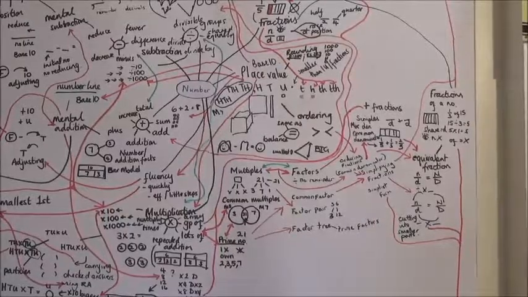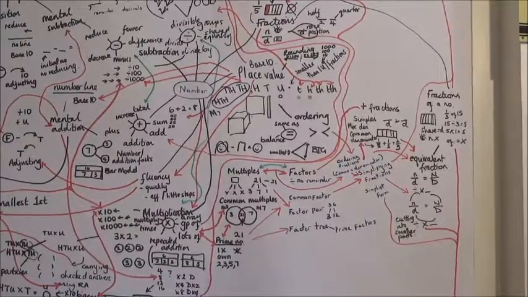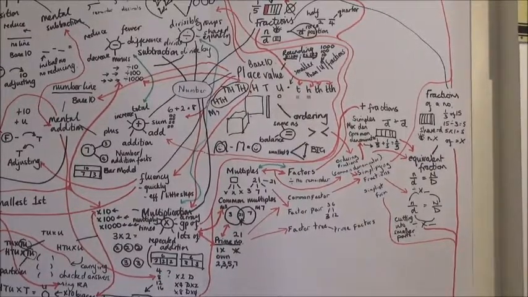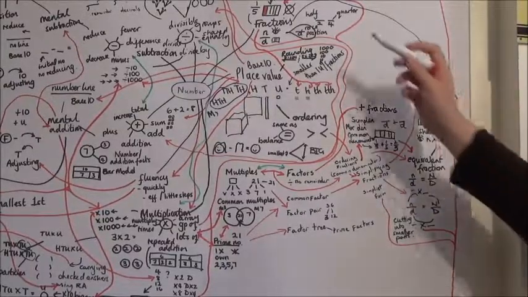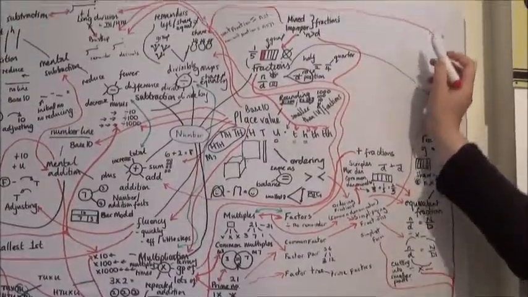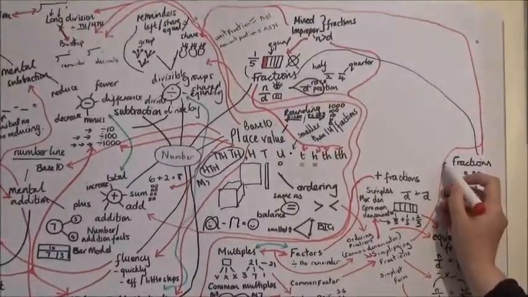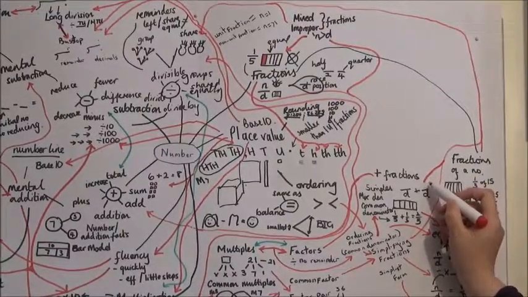I also used our understanding of improper and mixed fractions, which is up here. So I'm going to come round, use this line and steal it on here as well. Okay.